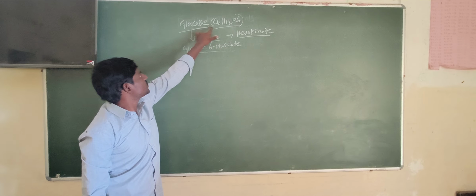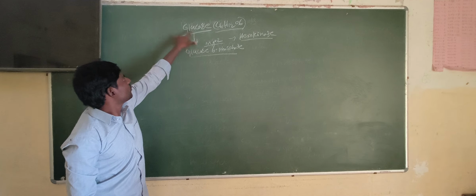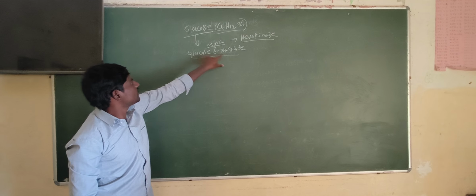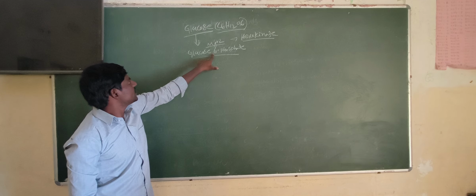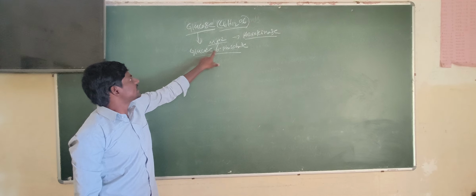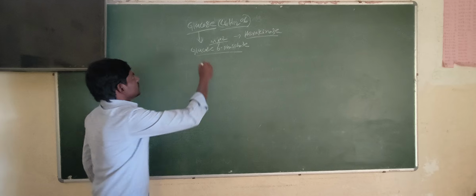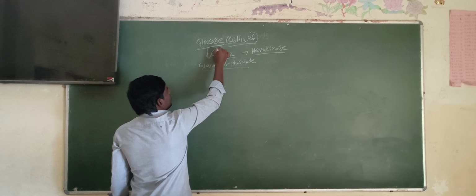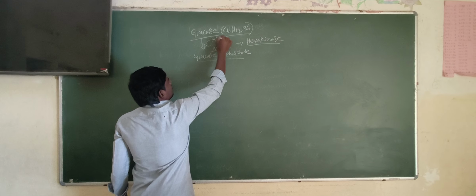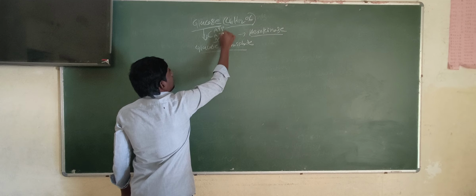Here, how many carbons does glucose have? Six carbons. How is glucose converted to glucose 6-phosphate? One phosphate is lost from ATP, and that phosphate is attached to the 6th carbon of the glucose structure. ATP is converted into ADP.